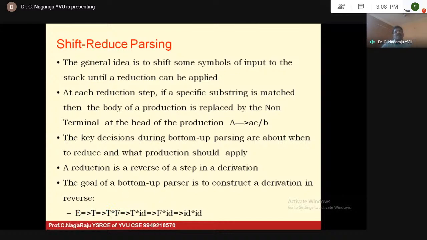So this is called a shift-reduce parser. Shifting means you push the input character into the stack, and reduce means the production body is replaced with the non-terminal symbol. These two operations are performed in the bottom-up approaches.